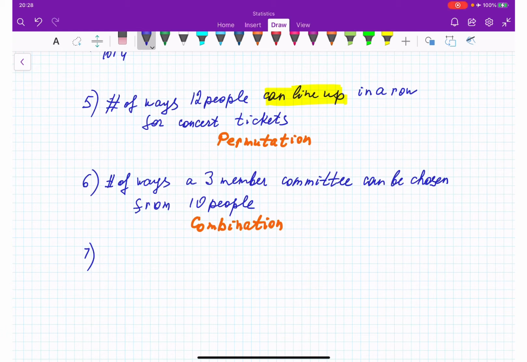A salesperson must travel to 8 cities to promote a new marketing campaign.